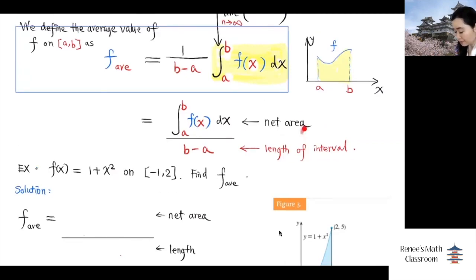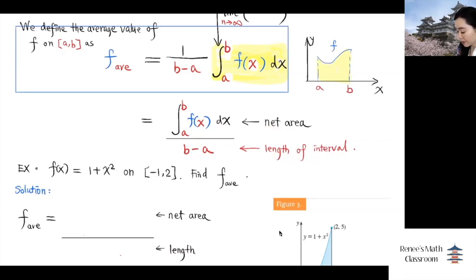If you want to visualize it, you can think about this. If this is a positive function, or any continuous function, remember our area formula, right? This integral corresponds to the net area under the function f. If it's a positive function, you can think about it as the area under the curve. And b minus a is the length of the interval.